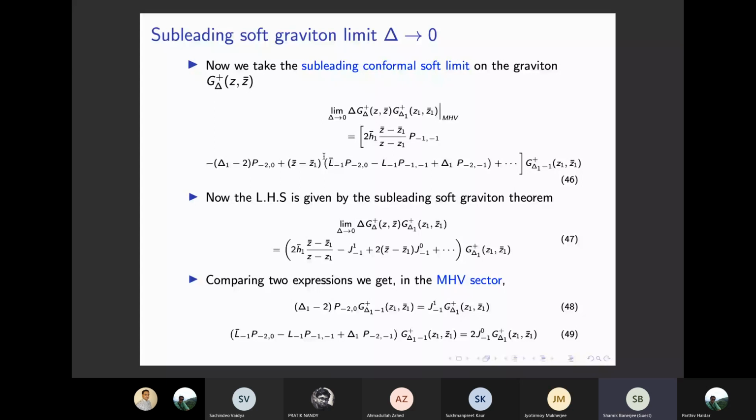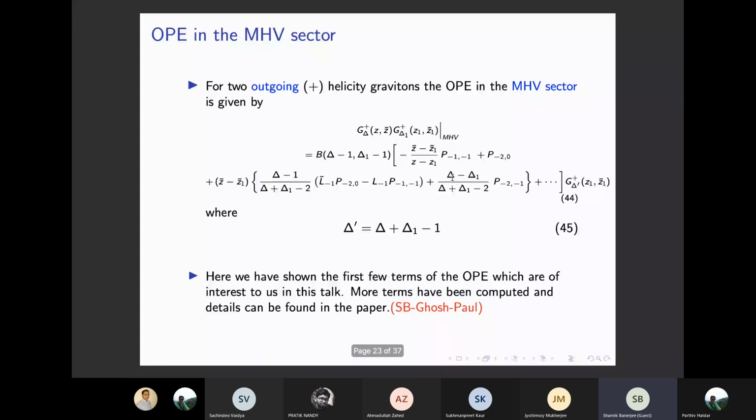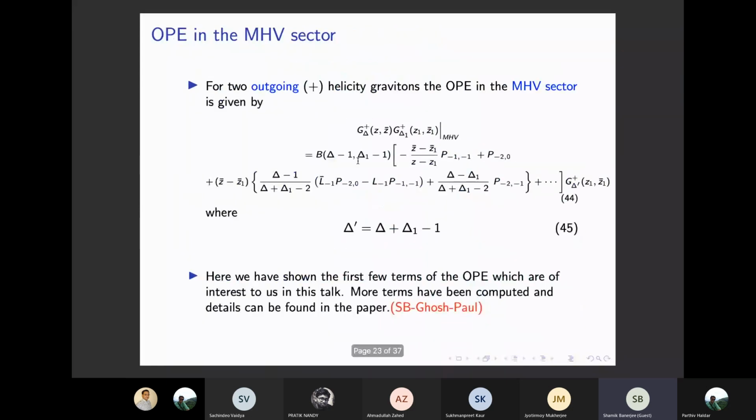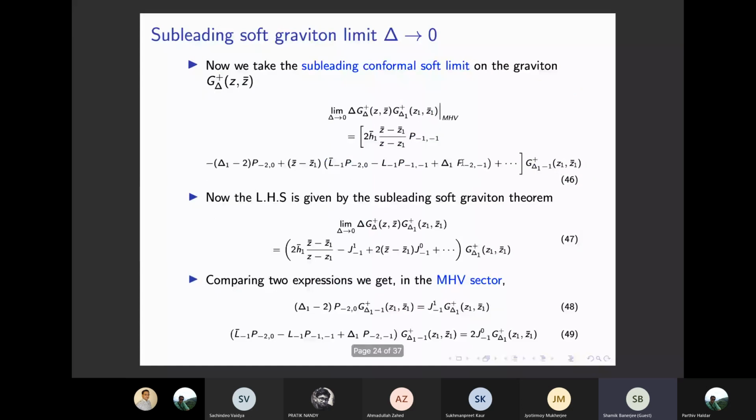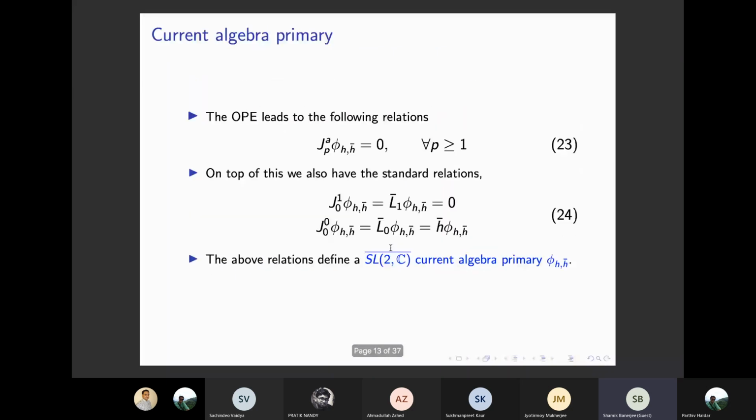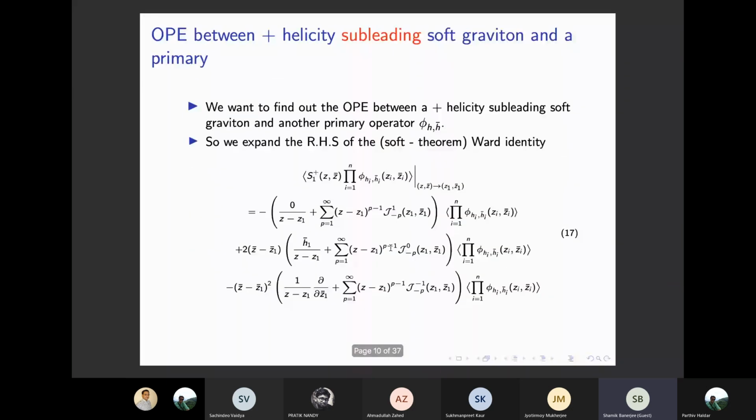I obtain this by just taking this limit. But we know from the subleading soft graviton theorem that the right hand side must be of this form. So this is what we obtained from the subleading soft graviton theorem. Let me show you this, which is essentially this equation.